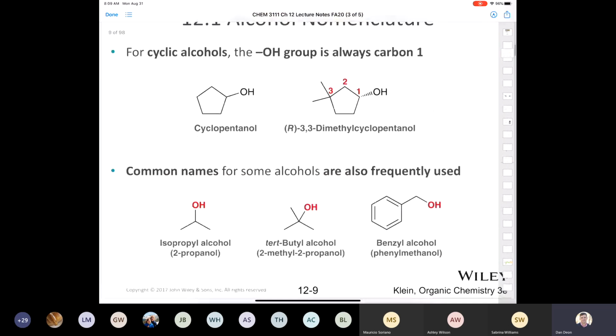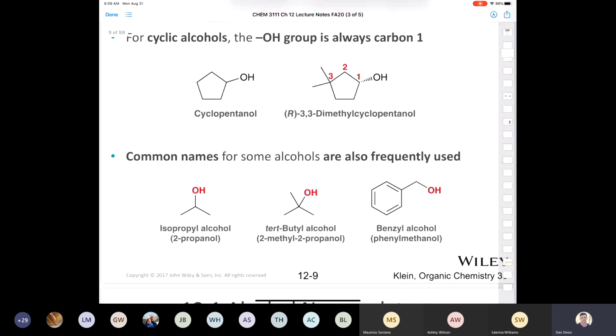All right. For a cyclic alcohol, just like when you had a cycloalkene, the functional group is, you have to start numbering at the functional group. So this seems reasonable that for a cyclic alcohol, the hydroxyl group is always on carbon 1. And so if we have only one substituent on a ring, like we do in cyclopentanol, we don't call that 1-cyclopentanol. We just take for granted that it's at carbon 1 and there's no other substituent, so we just call it cyclopentanol.